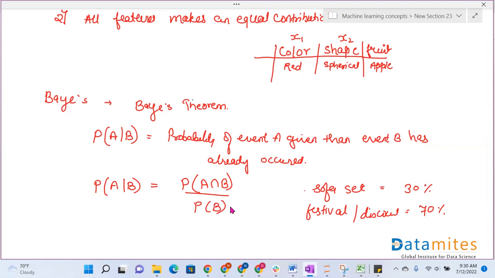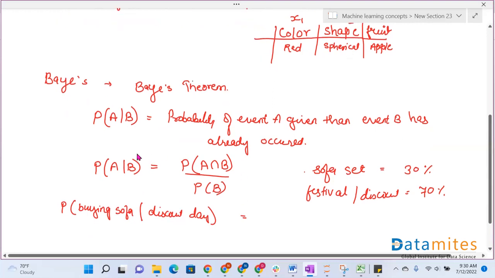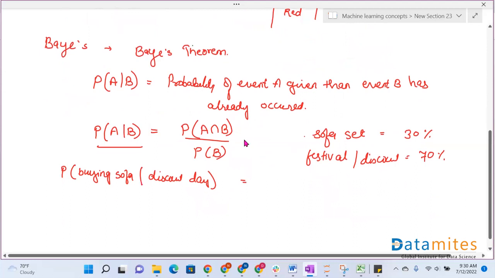So let's assume the probability of buying a sofa given that it is a discount day. This is conditional probability, and Bayes theorem uses this conditional probability.